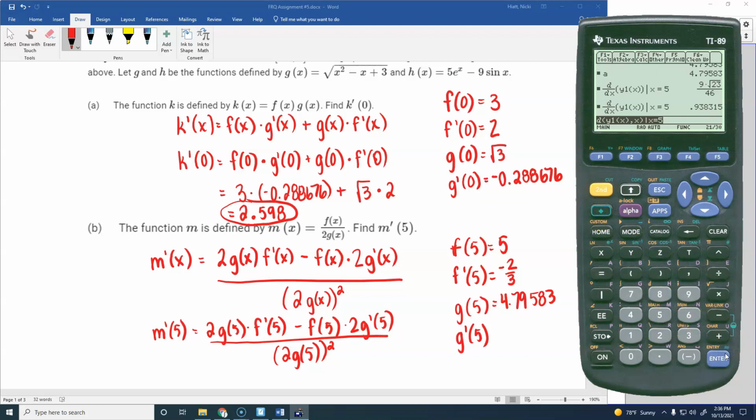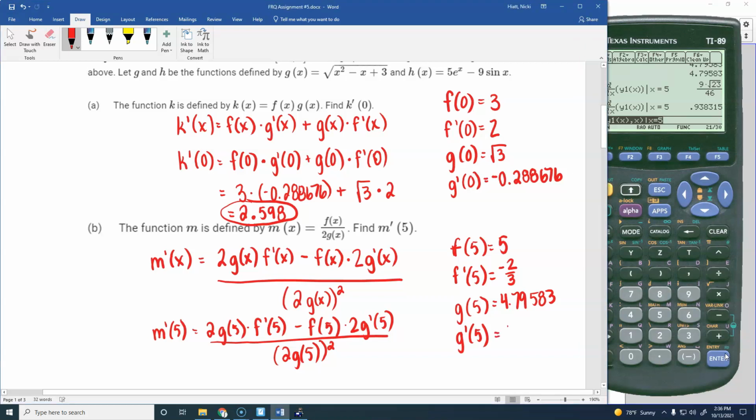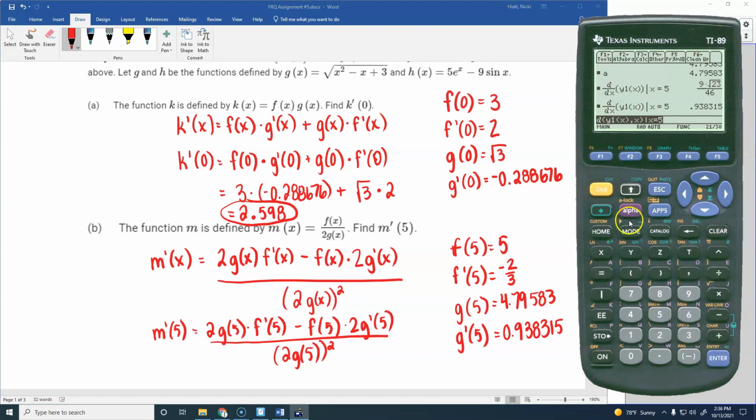Enter. So I got 0.938315. And I'm going to store that as a B. Yeah, I stored that one as B.